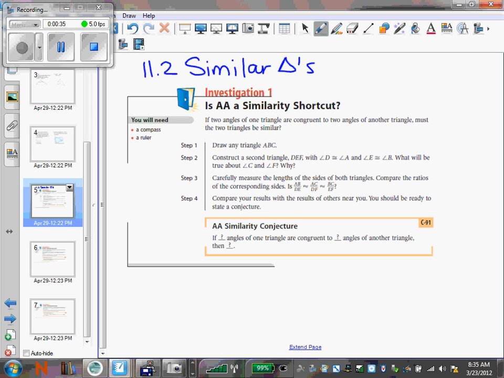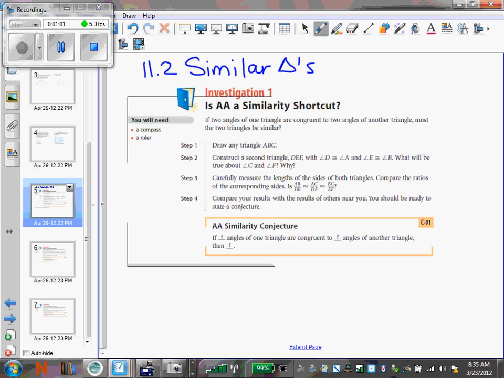For two triangles to be similar, they still need to follow the rules of any similar polygons. All their corresponding angles have to be congruent, and the corresponding sides have to be in the same proportion. That is going to hold true for our triangles. If you remember in the first semester, we studied congruent triangles, and we had to prove them congruent using different methods.